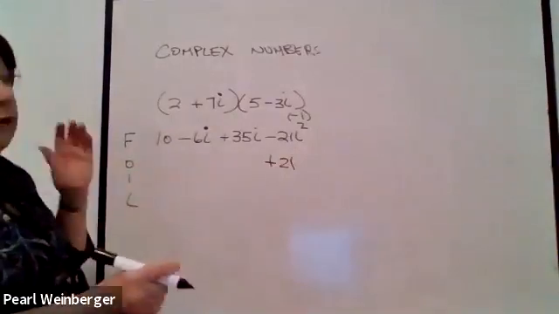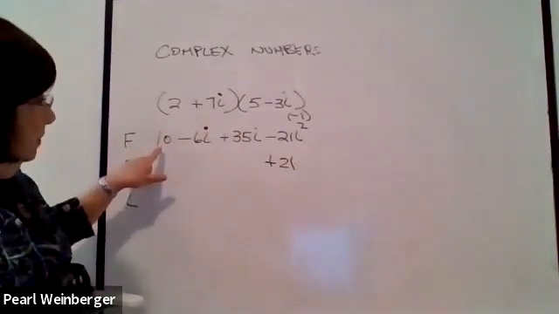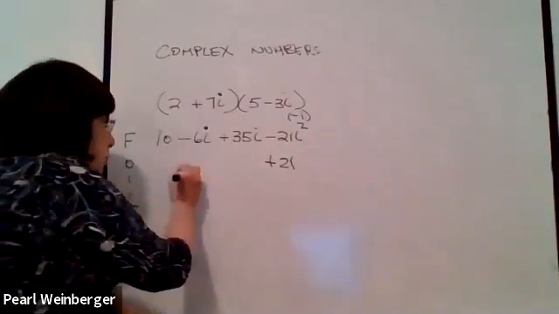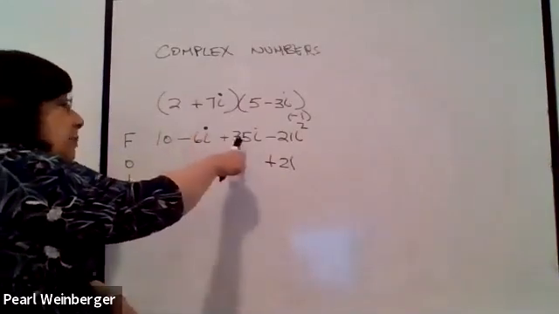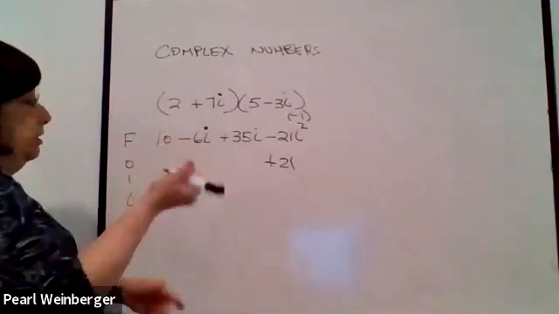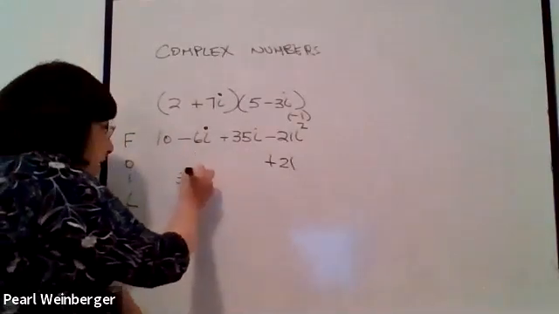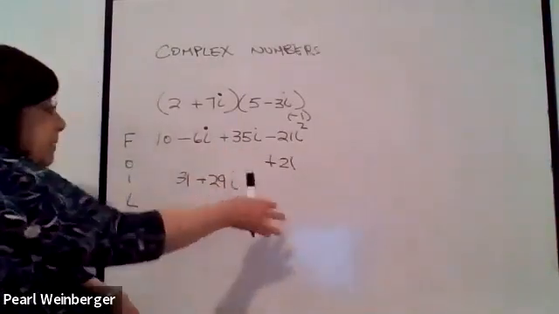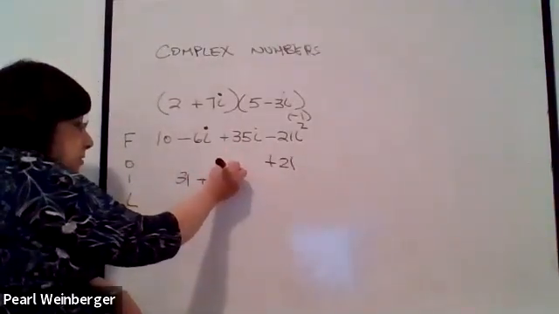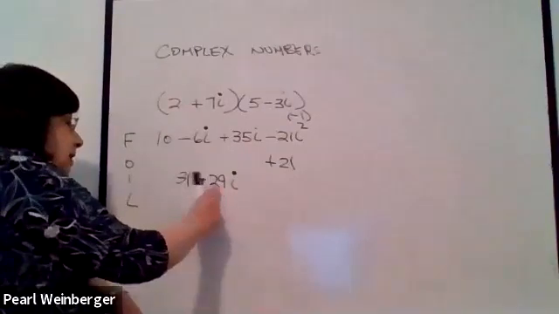And now I can combine the like terms. That's the 10 and the 21, because those don't have any i's anymore. That gives me 31. And then negative 6i plus the 35i. Well, negative 6 plus 35 is 29. So that's plus 29i. And I can't make this any simpler because these are not like terms.